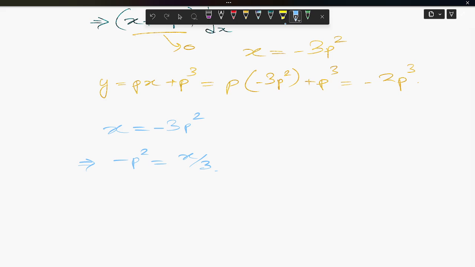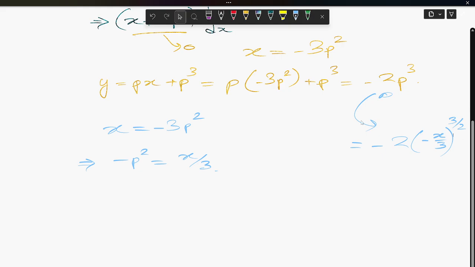So now if we put this in here, then we will get minus 2 into minus x by 3 whole to the power 3 by 2, because our minus p square is equal to x by 3.